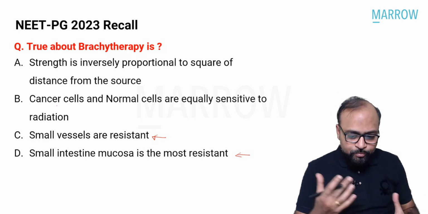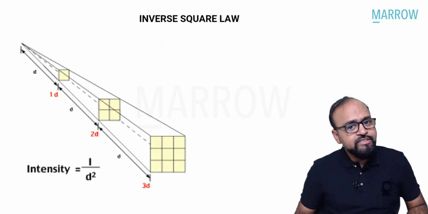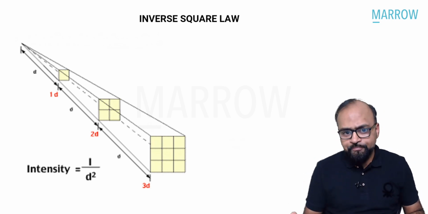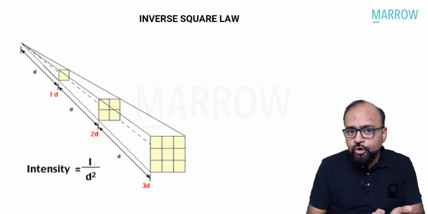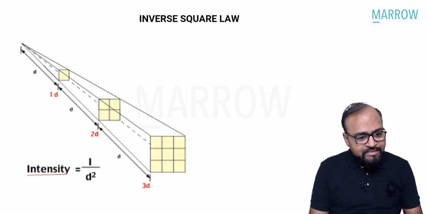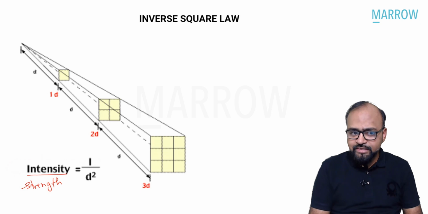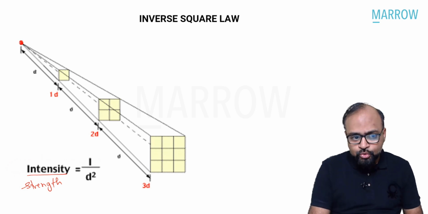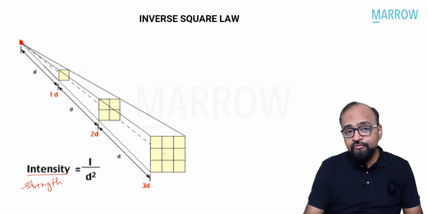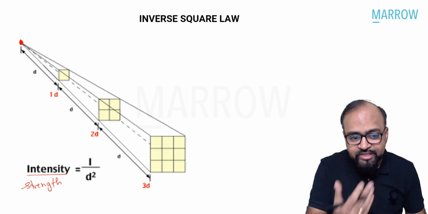Now let us look at a few basics related to radiotherapy. Let us start with the inverse square law. The inverse square law defines a relationship between the intensity or the strength of the radiation beam, and it tells us that if the radiation beam begins at this point, that is the source, as you go away from it, we all know that the intensity or strength is going to drop with the increase in distance.